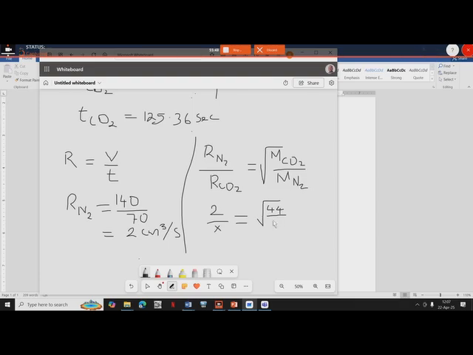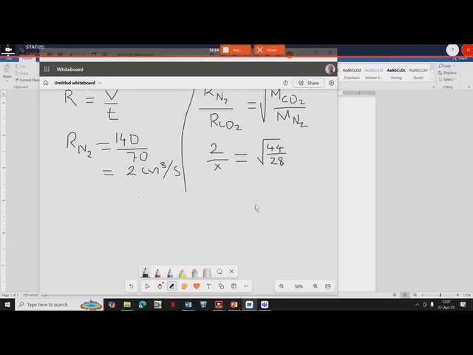So CO2, carbon is 12 plus 16 plus 16 is 44. Nitrogen the mass of one nitrogen is 14, zikiwa mbili itakuwa 28. So hapo unaandika 28. So at that point you can get the square root of 44 divided by 28.